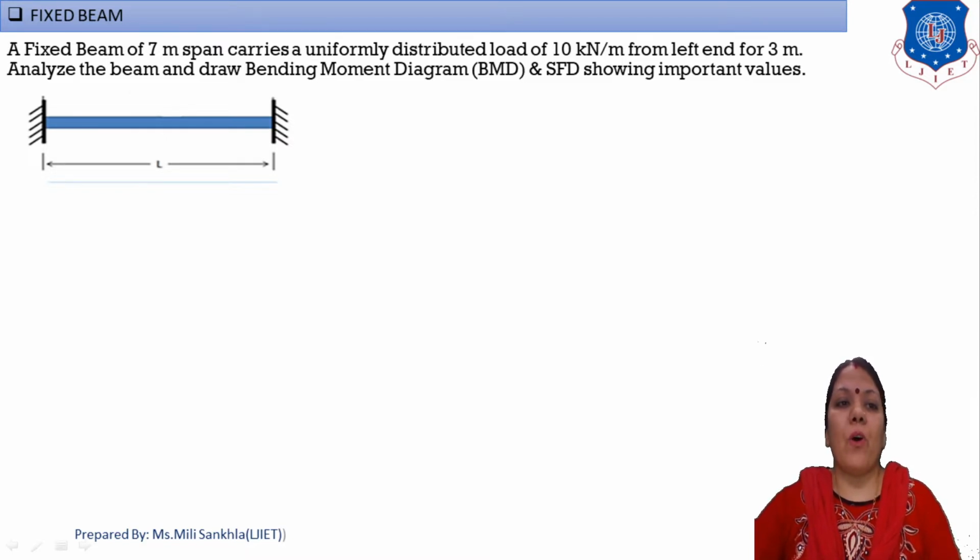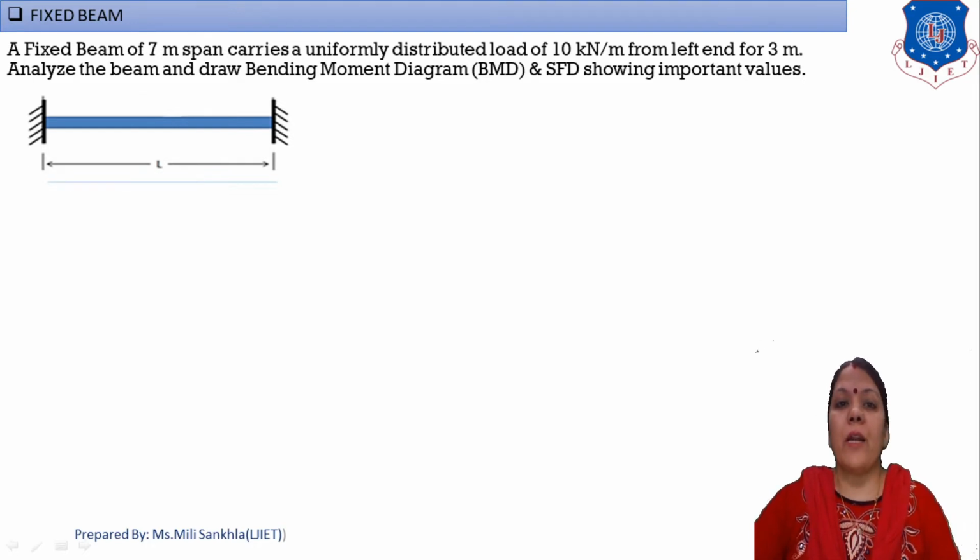A fixed beam AB of span 7 meter carries a uniformly distributed load of 10 kN per meter from the left end for 3 meter. Analyze the beam and draw the BMD and SFD showing important values.